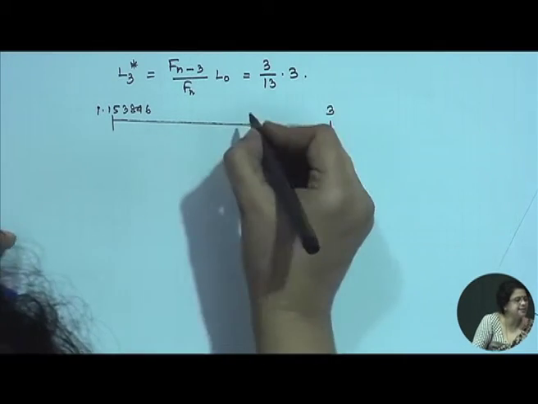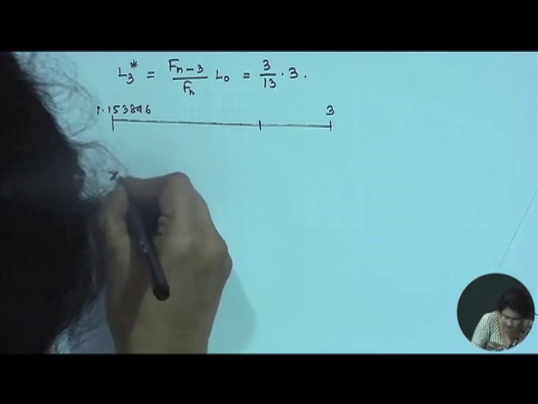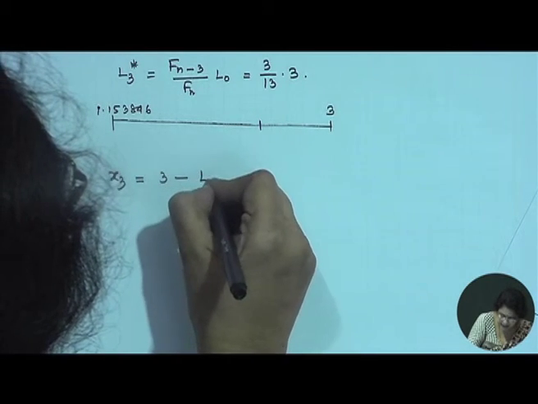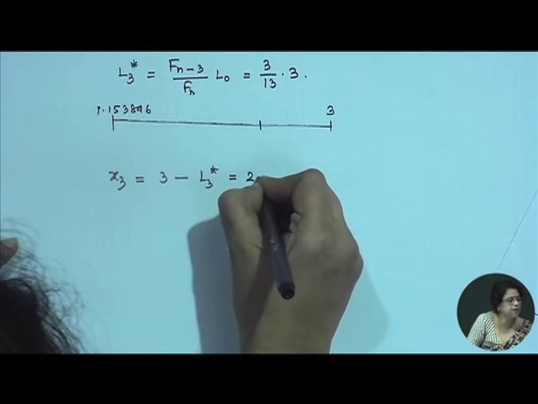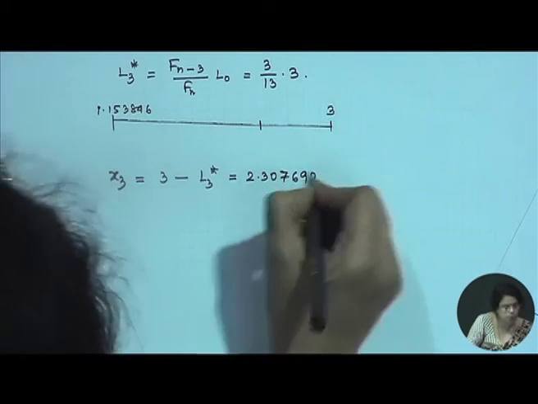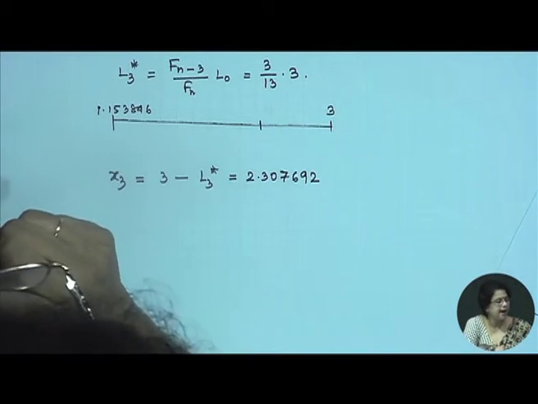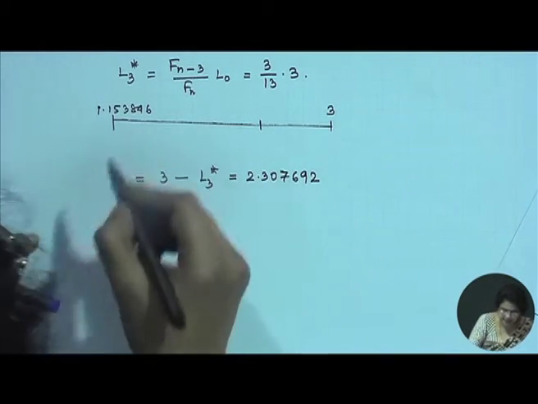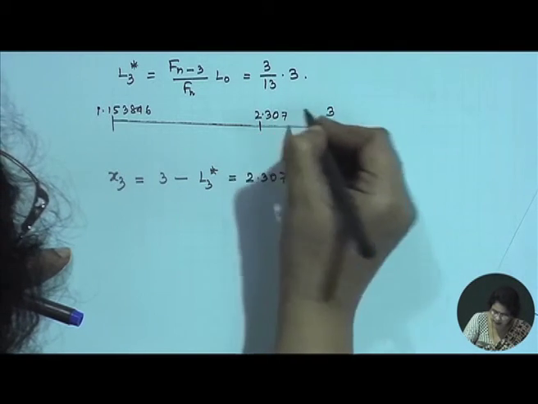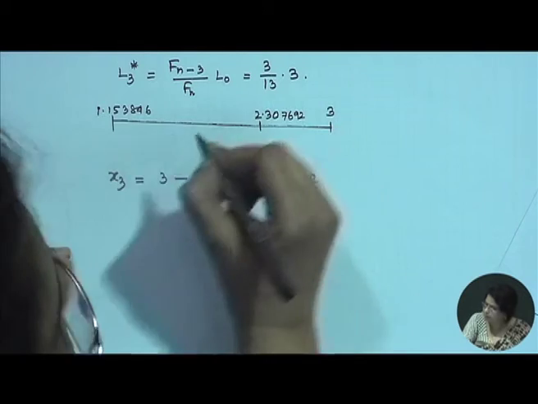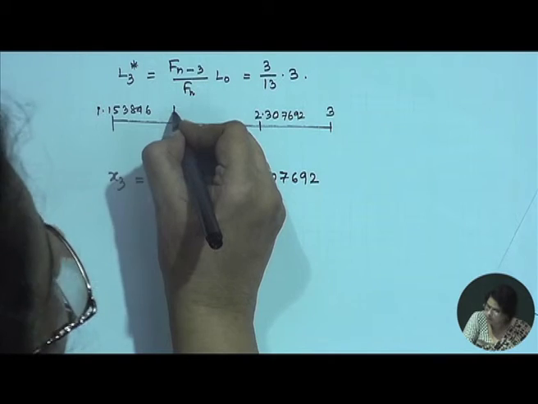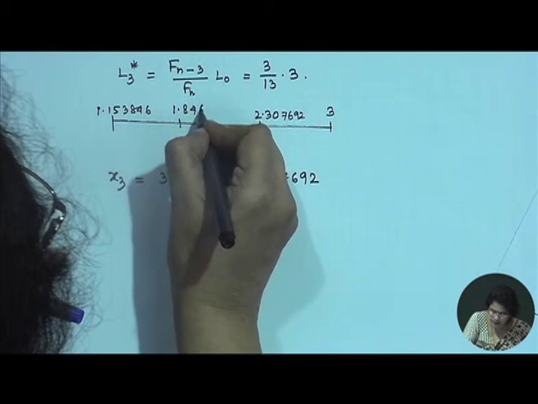Very nicely I will see that the new value x3 will come as 3 minus L3 star. This value will come as 3.07692. Alright, and then 2.307692, and previously I had another point, 1.846154.